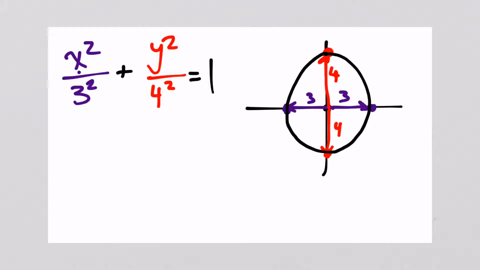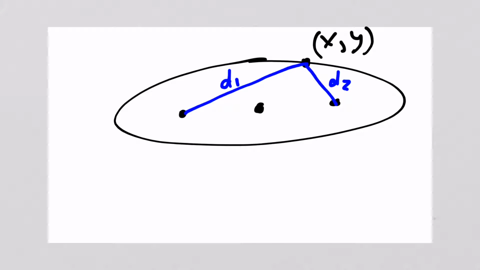So what is an ellipse? Well, an ellipse has a more technical definition than just what we saw right there. The technical definition of an ellipse is the set of all points x comma y whose sum of the distances between that point x, y and two fixed points called the foci is constant no matter where you look. So what we're saying is, imagine we have that point x, y on the ellipse right there.